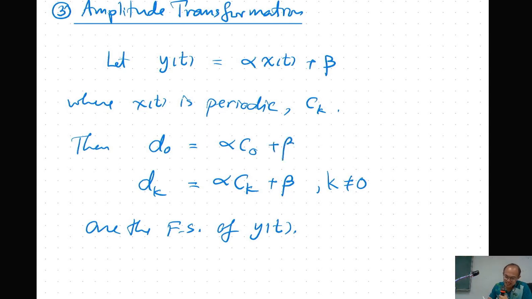The DC component of y is the DC component of x, c0, multiplied by alpha plus beta.